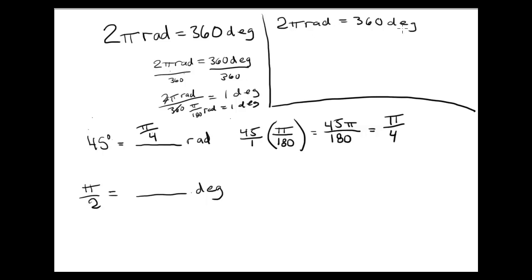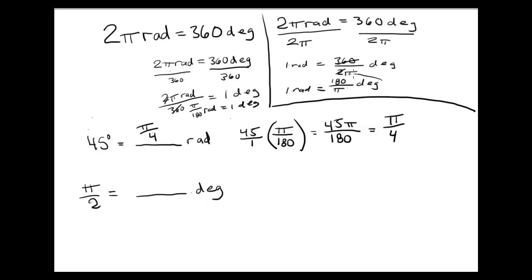Instead of dividing by 360, you divide both sides by 2 pi. That gives me 1 radian is equal to 360 over 2 pi degrees. Of course, these simplify, leaving us with 1 radian equals 180 over pi degrees.